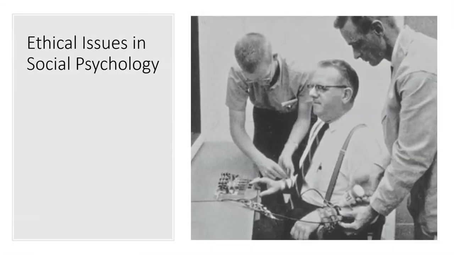Ethical issues in psychology have always been with us. That said, we have not always had policies and procedures in place that require researchers to show that they're exhibiting ethical practices.